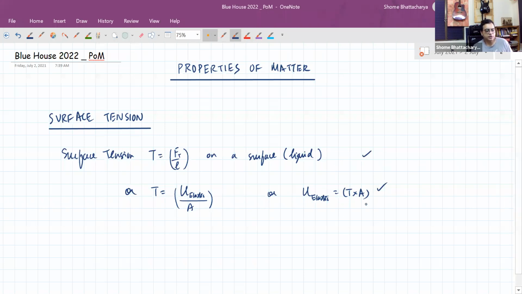So let's look at a typical problem based on the concept of elastic potential energy of a surface.